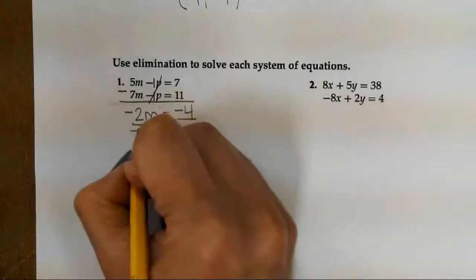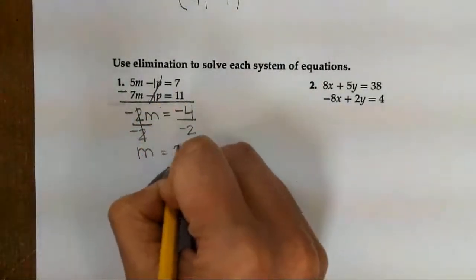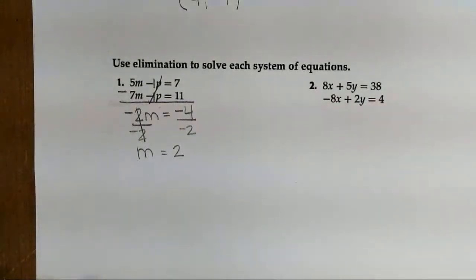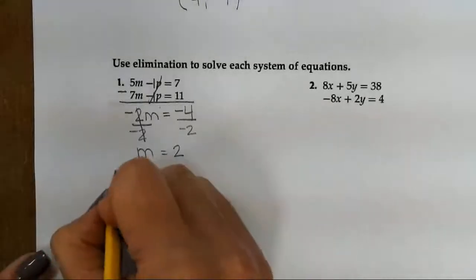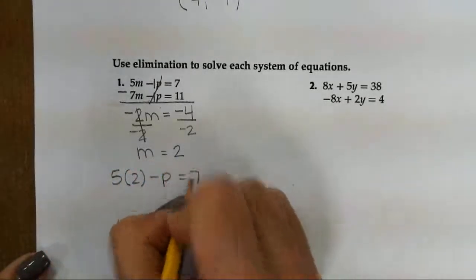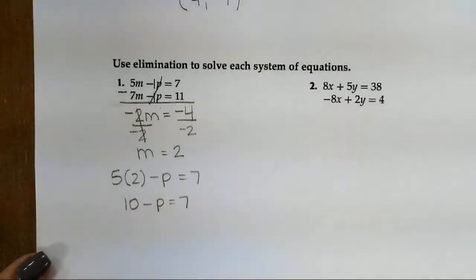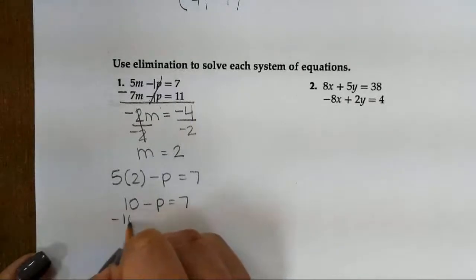Divide by negative 2, and you have m is equal to positive 2. Substitute that into your equations. Again, I'm going to choose the top one just because it's smaller numbers. So I have 5 times 2 minus p equals 7. This gives me 10. Subtract 10 from both sides.